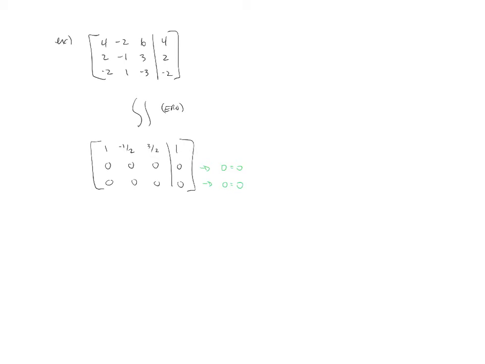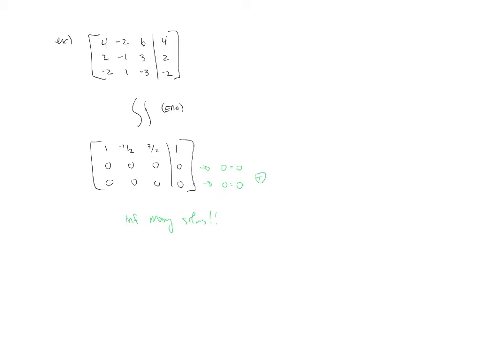So similar to the last one where we had a contradiction, now we actually have everything fall apart, but we're left with a true statement, which is going to imply infinitely many solutions. Now, it is up to us to figure out what the infinitely many solutions are, and this is really important.